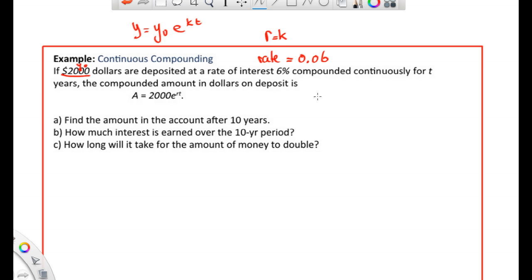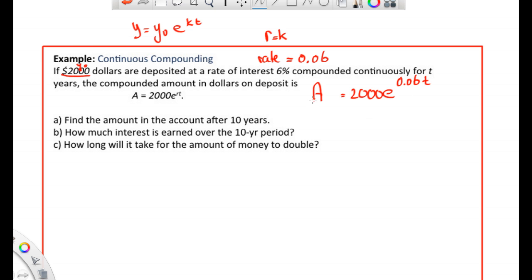So I can actually add that into this function. I can write this as A equals, leave a little space here, 2000 e to the 0.06, and then it says for t years. So t here is defined in years.